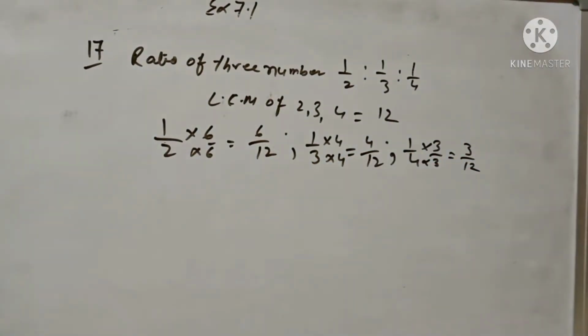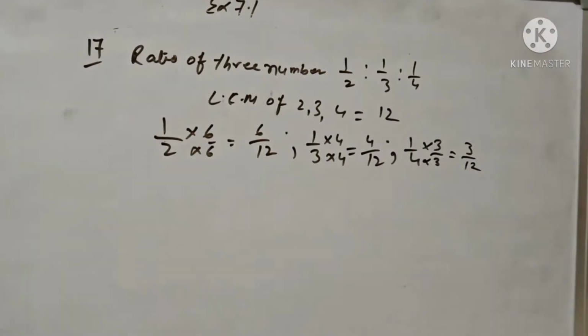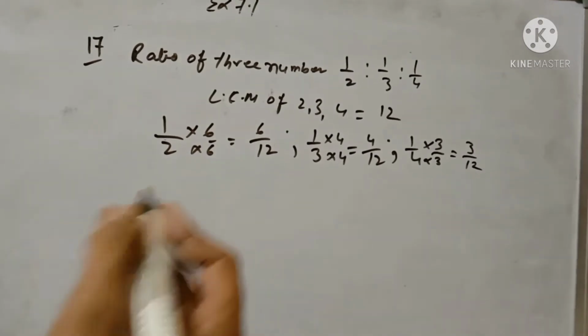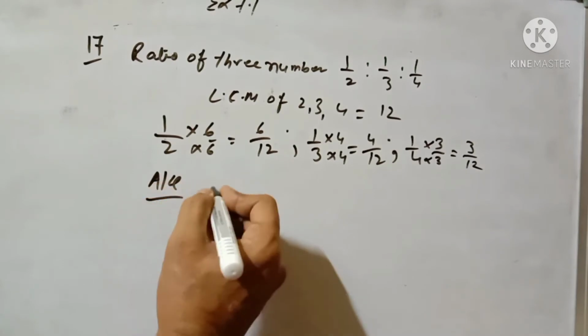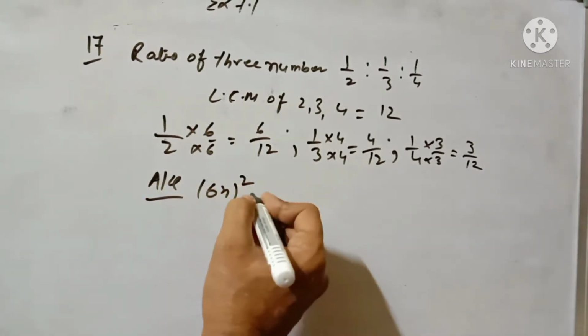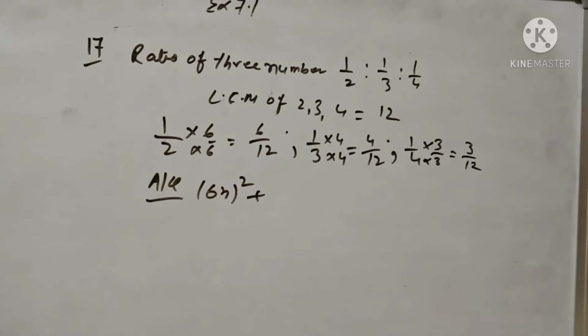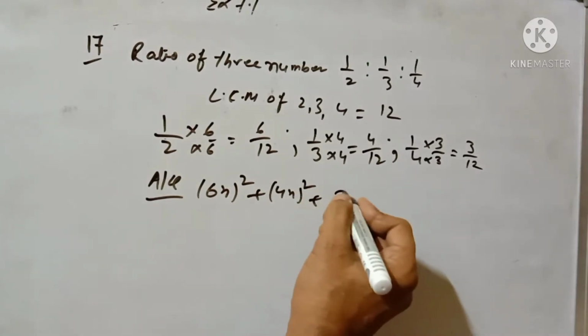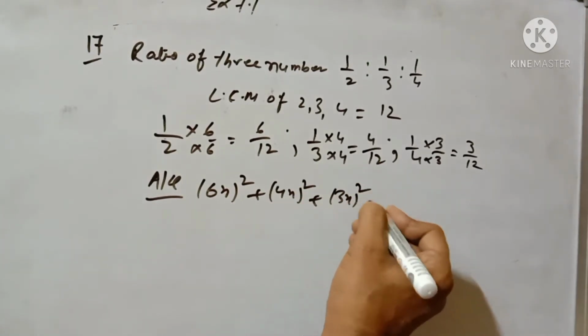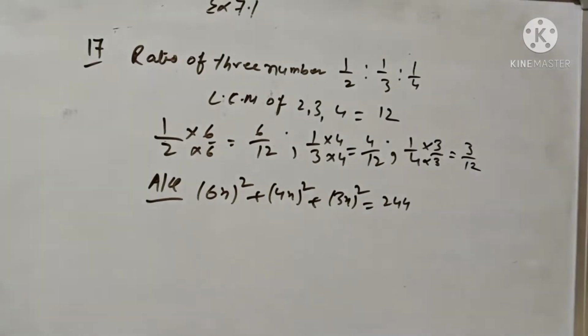Now according to the question we can move. Let the number be x. So we can write 6x squared, according to the question, because it is the sum of their squares. 6x squared plus 4x squared plus 3x squared equal to 244.